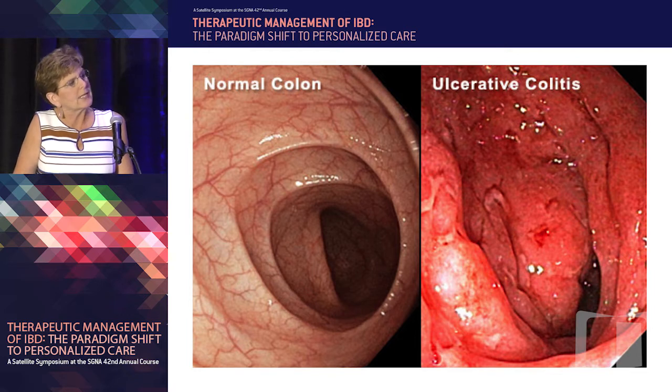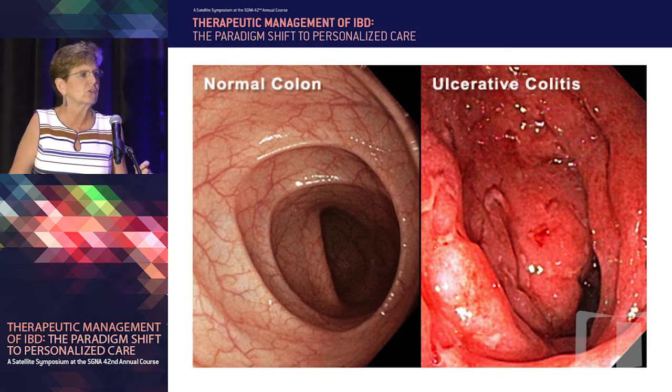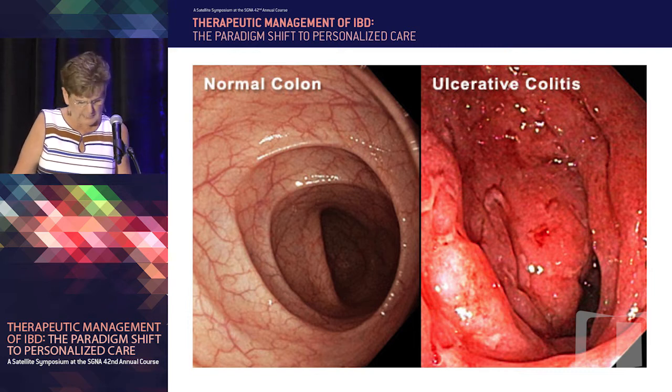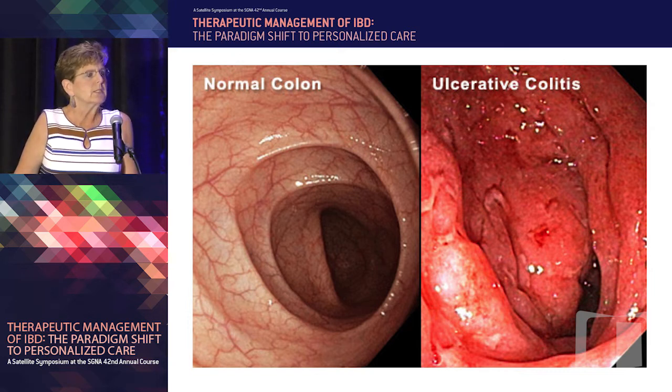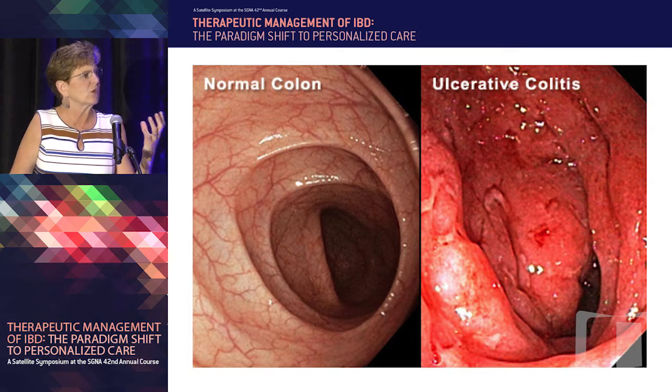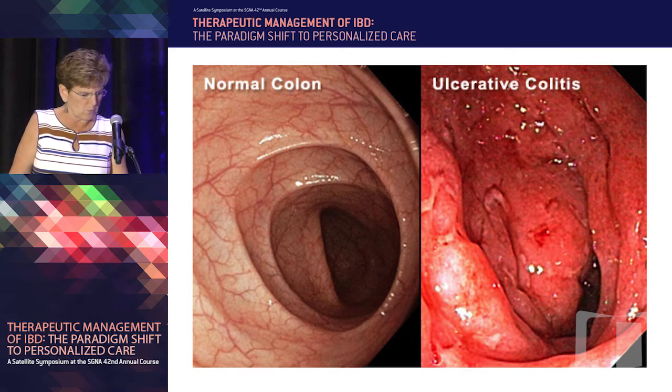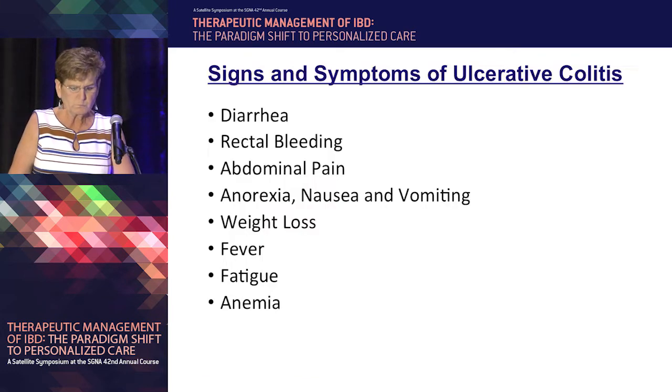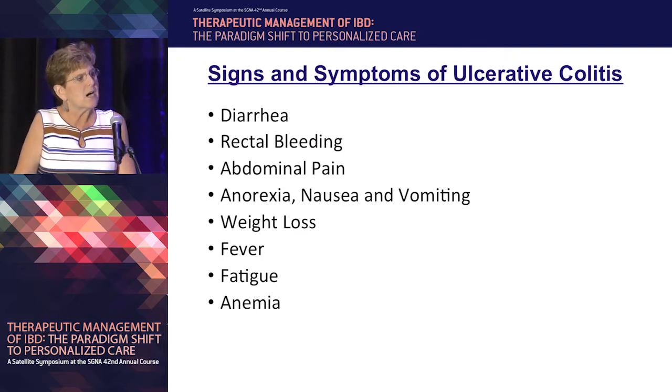And when we're looking at ulcerative colitis, we're looking at edema, ulcers, friability, and bleeding, and they've lost those hallmarks of what you see with the normal colonoscopy. So the colon evaluation is important, and it's because of those findings that the signs and symptoms occur.